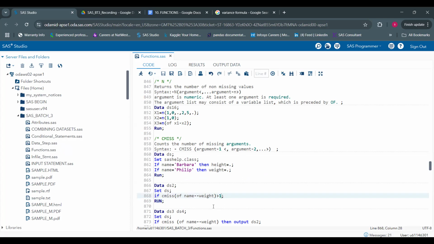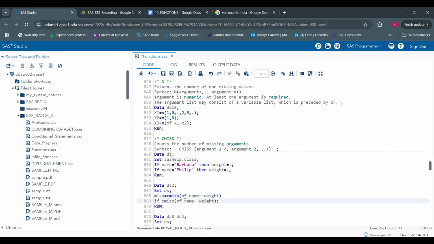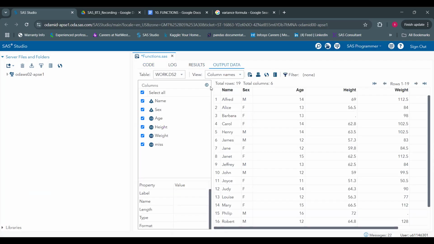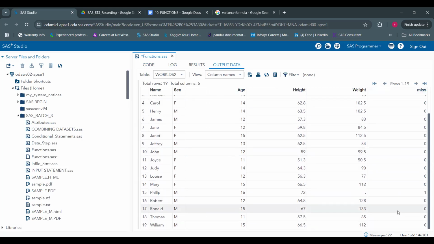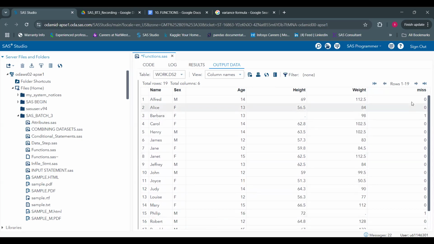So here, if you see the miss variable, do we have any value more than one? Now we are simply checking how many missing values are there across name to weight.